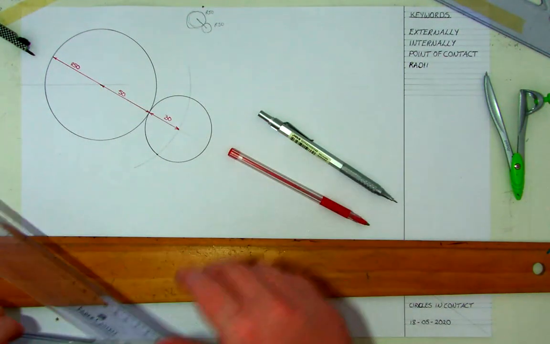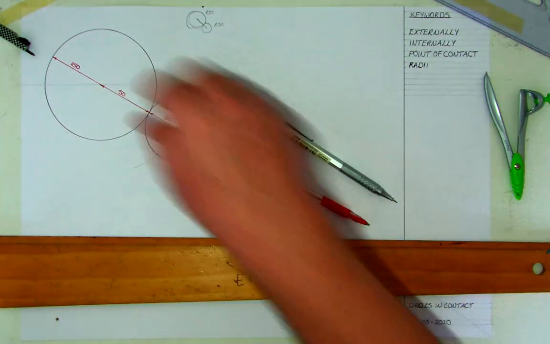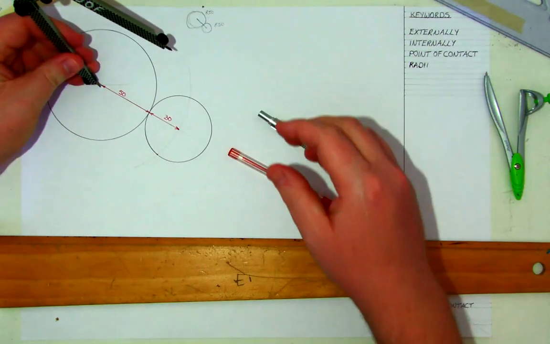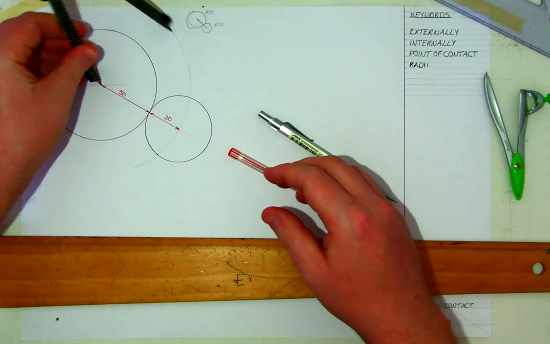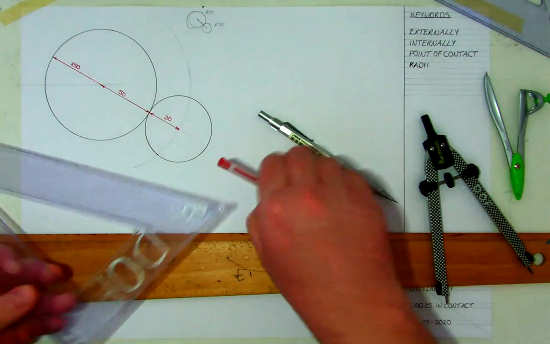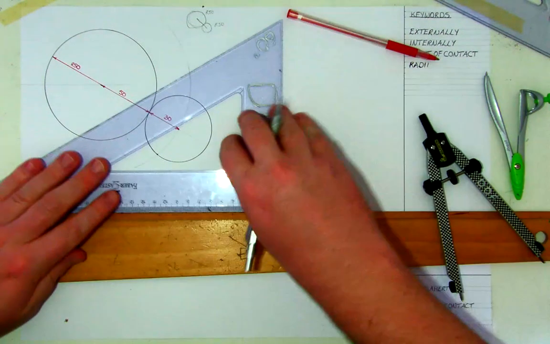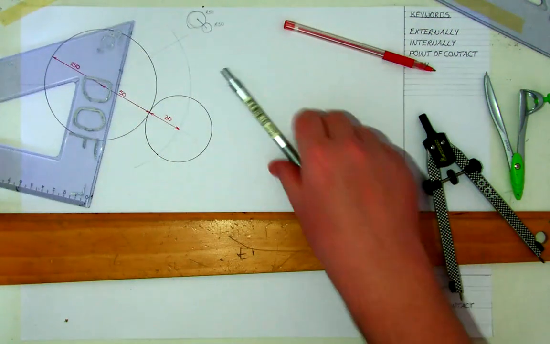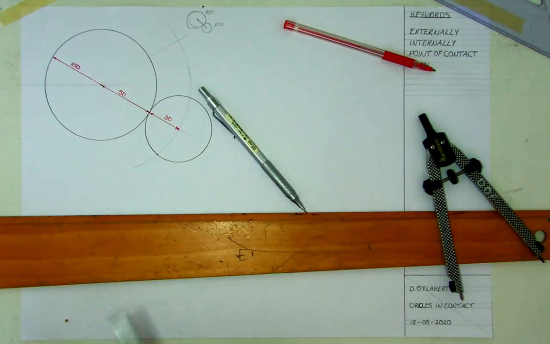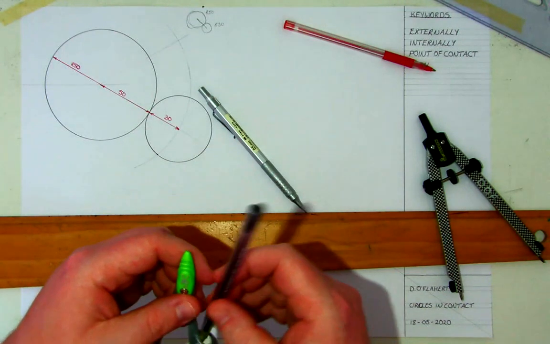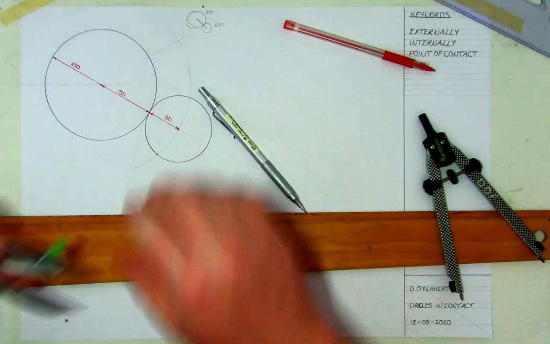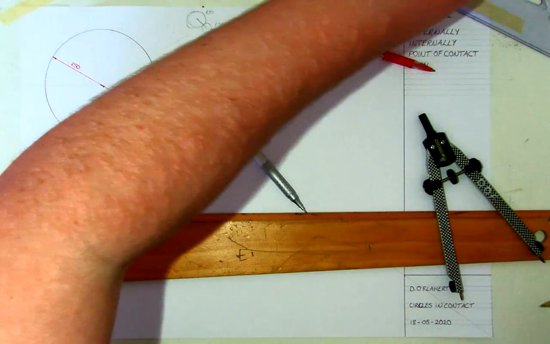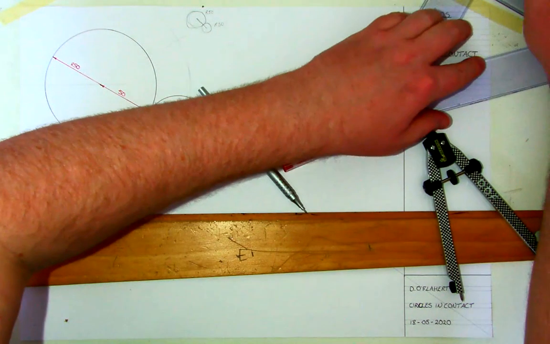If I wanted to draw 30 degrees up that way, I'll extend that, and I can draw another one out here, 30 degrees like that. That's the centre of the circle. It's situated where the two centres are 30 degrees up there.